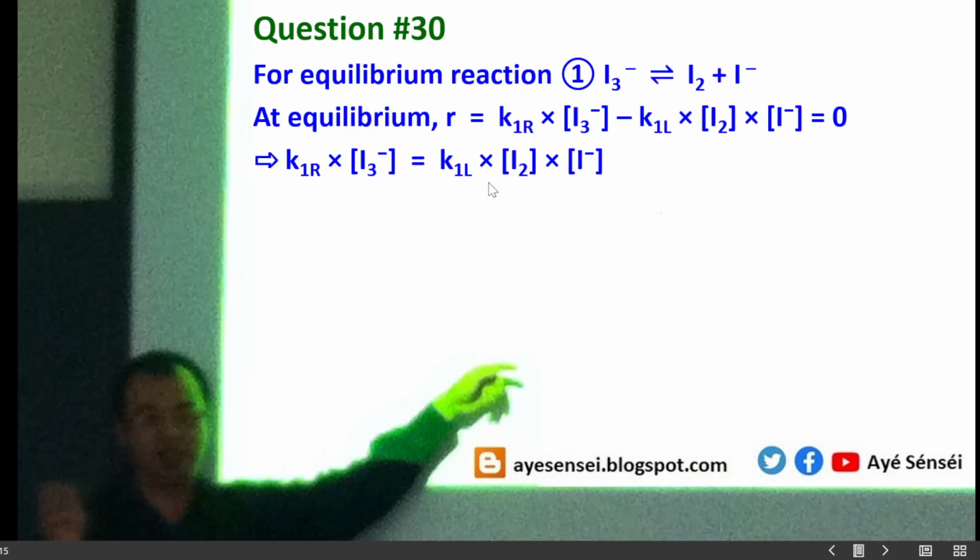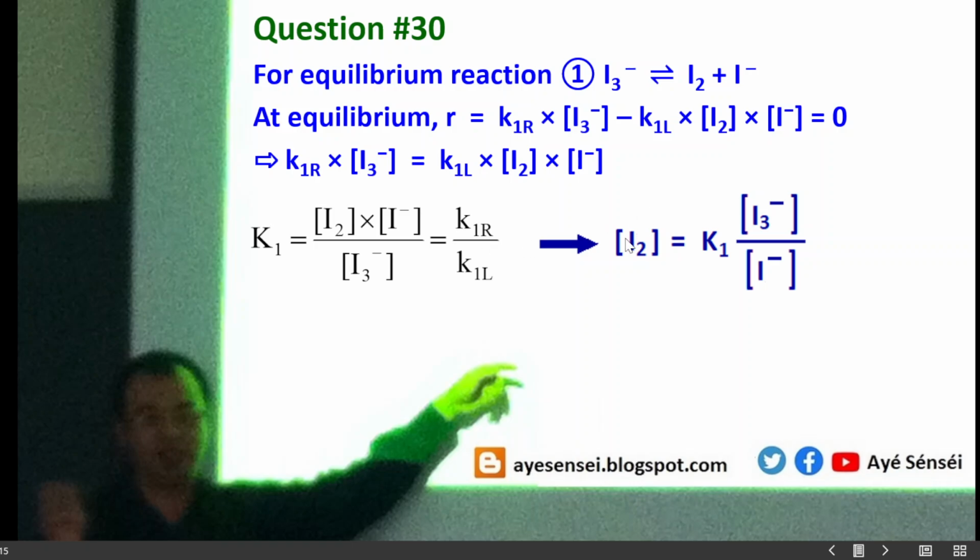And then if we express the equilibrium constant, we can write it like this. So this means that if we want to express the concentration of iodine, we can write it like this. So the concentration of iodine is equal to the equilibrium constant times I3 minus divided by the concentration of iodide ion.